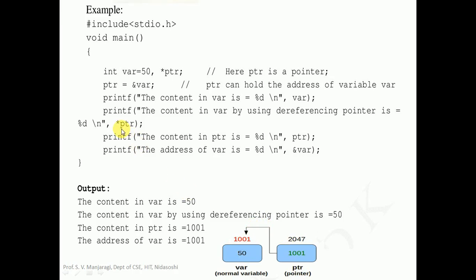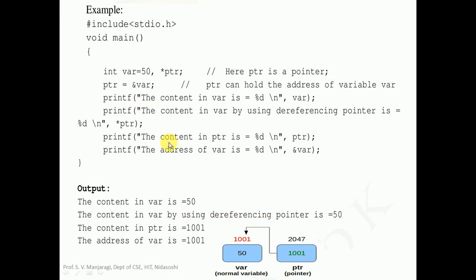So *ptr is going to give us 50, which is nothing but the value of the variable var. This time we are able to access it through the pointer variable. So the output we get here is "the content in var by using dereferencing pointer is 50". It is the same value.